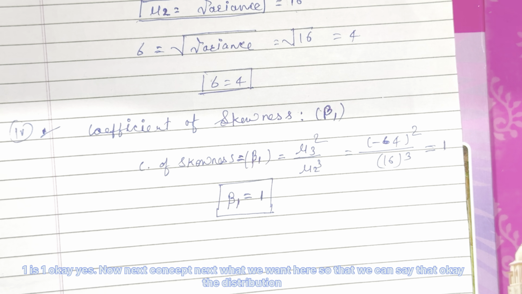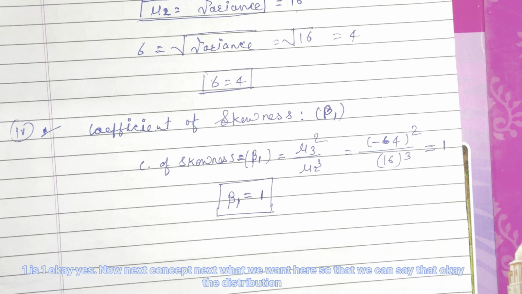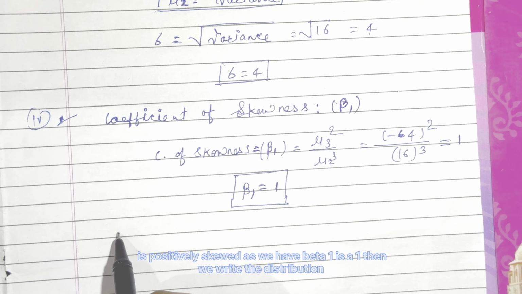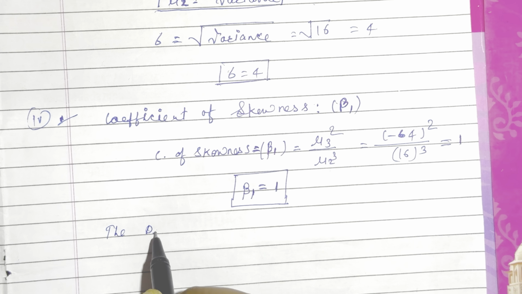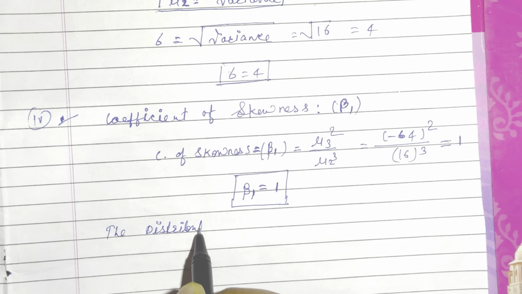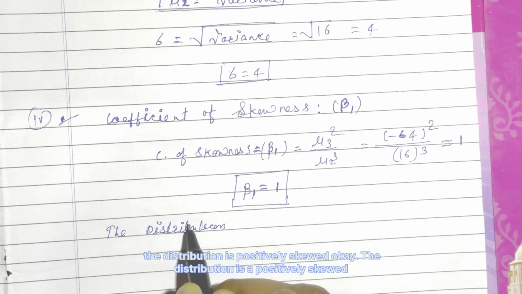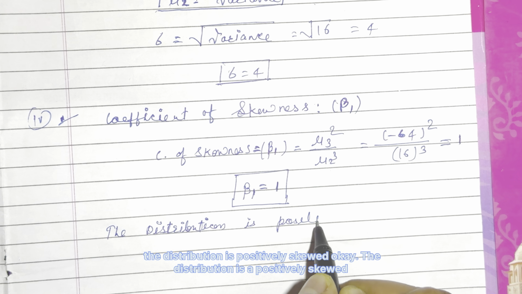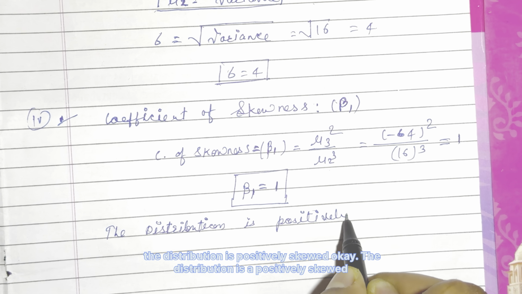Yes. Now the next concept. So that we can say the distribution is positively skewed, as we have beta 1 as 1, then we write the distribution is positively skewed.